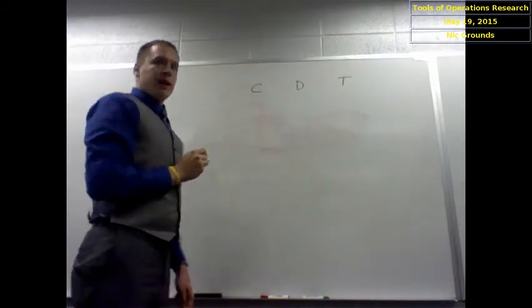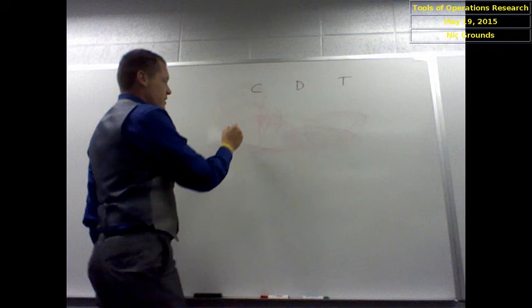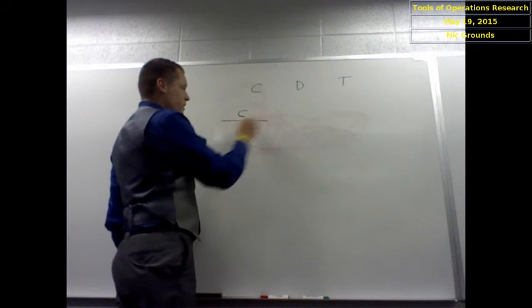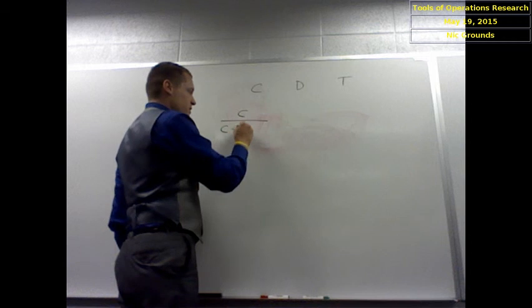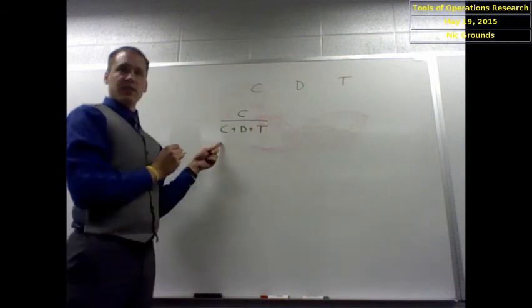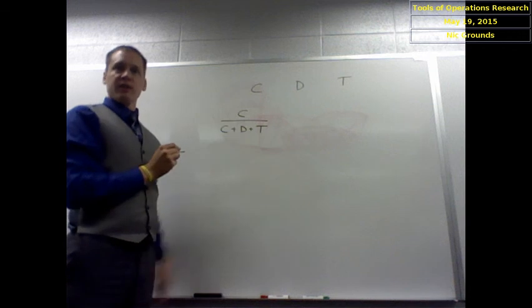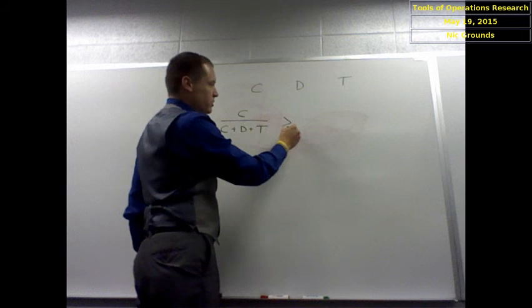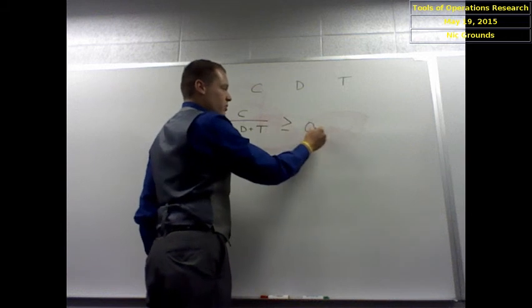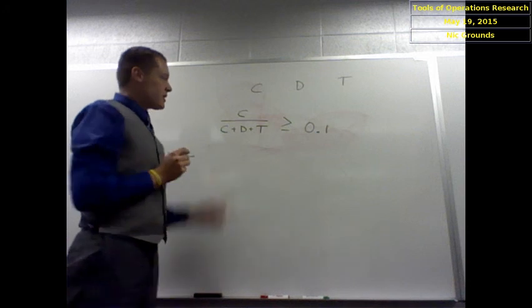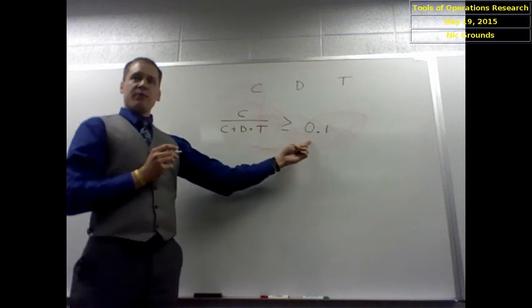We want to add a new constraint that says the number of chairs divided by chairs plus desks plus tables, so that's the proportion of chairs out of all products that you make, must be greater than or equal to 10%, or 0.1. So that's a new kind of constraint that we want to have.